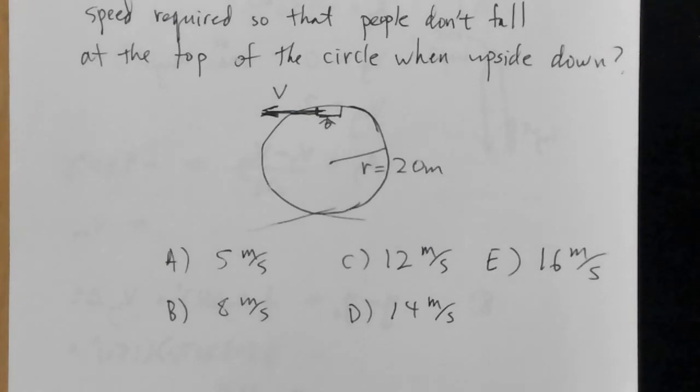So I've got a question about what do we do with normal force and gravity, right? The question is, what is the minimum speed required? Think about if I made it a little bit less than the minimum, then the person will start to fall. If this person is starting to lose contact with the seat, then there is no normal force. That's the minimum. So the minimum is when normal force is 0.